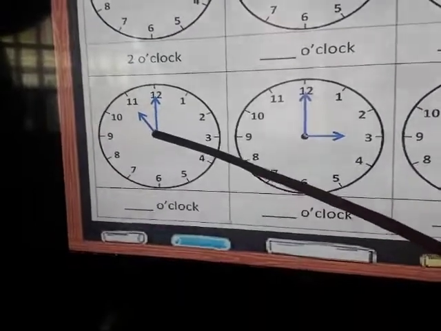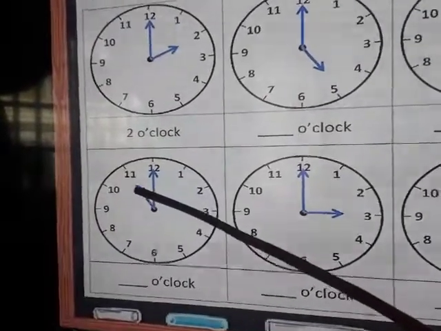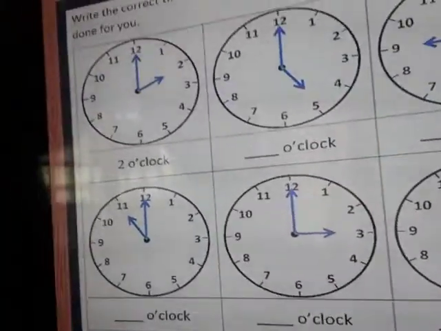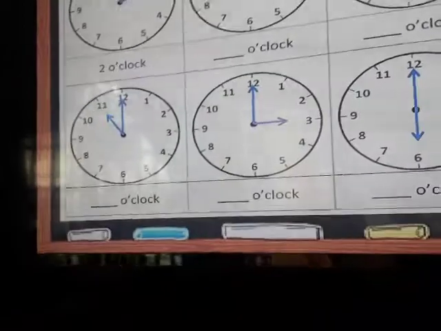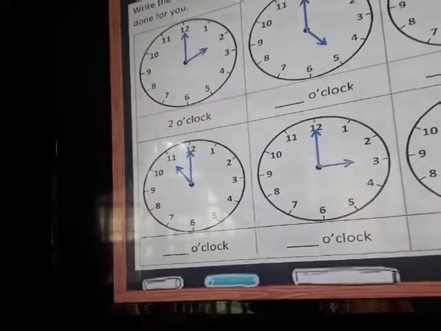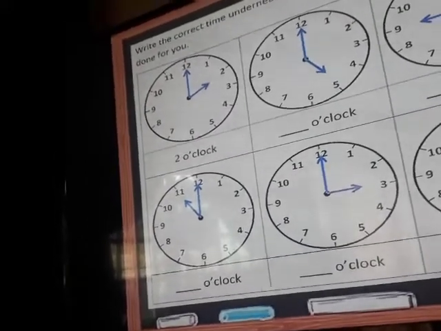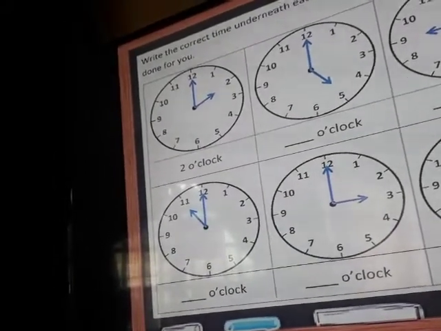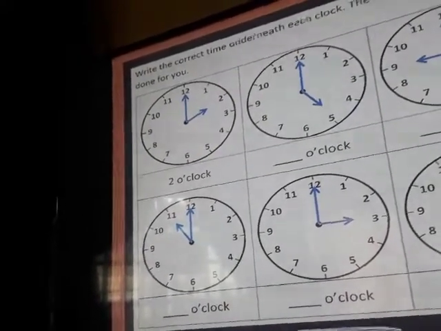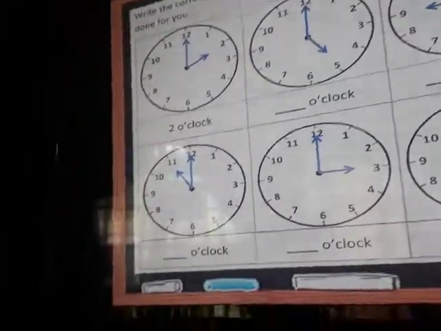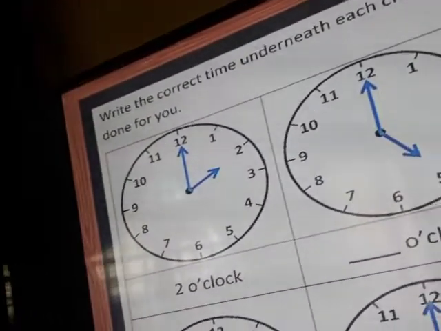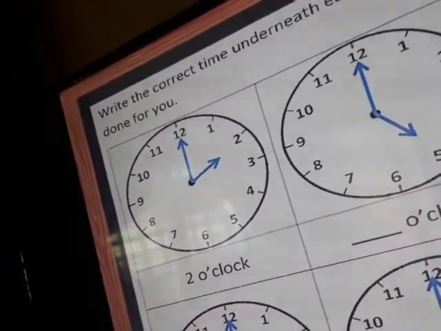Viraya, if the short hand pointing to 11 and the long hand pointing to 12, what time is it, Viraya? Viraya? Can you see?